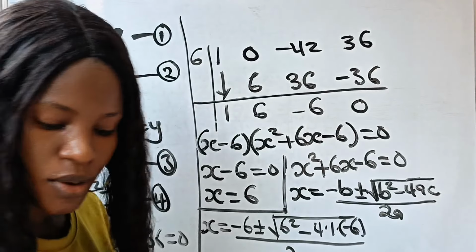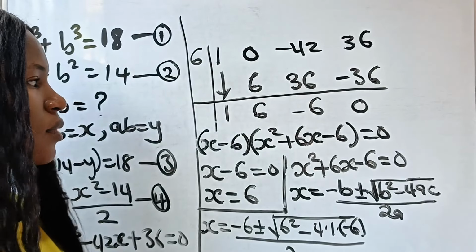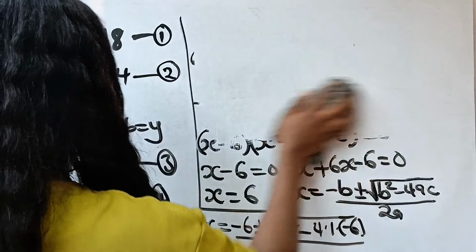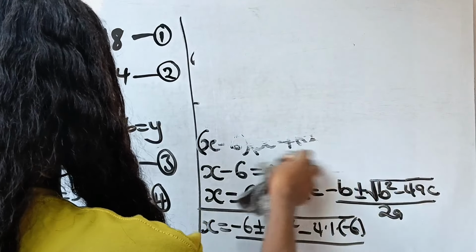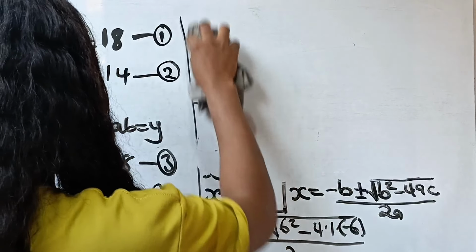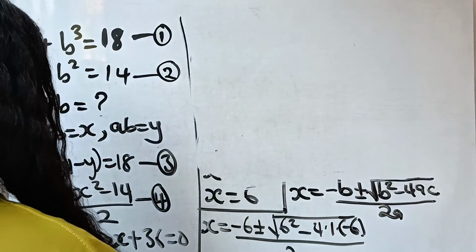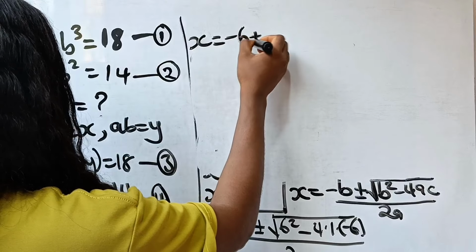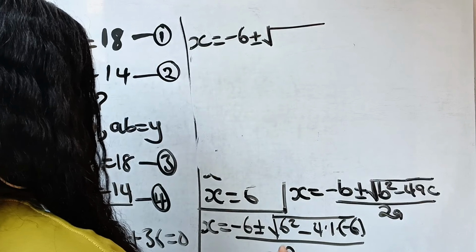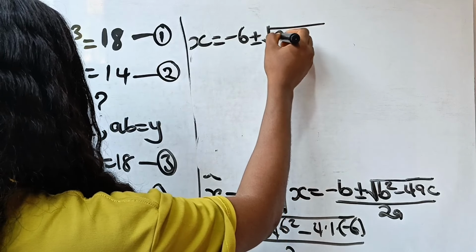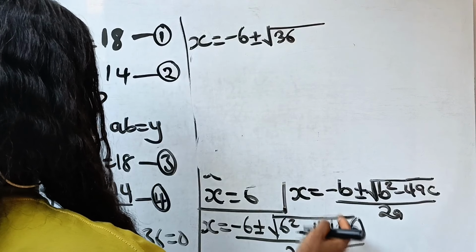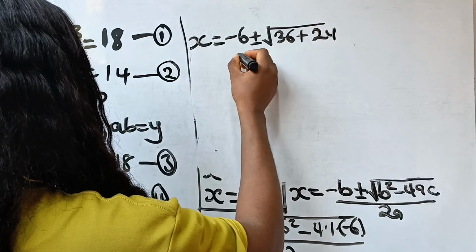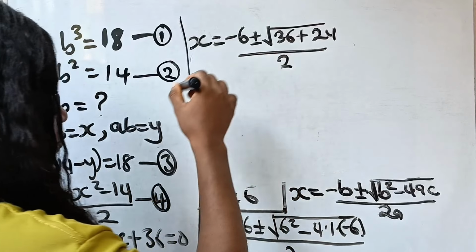If we continue, then we are going to have that x is equal to minus 6 plus or minus the square root of 6 squared, which is 36, minus minus, which is plus, 4 times 6, which is 24, divided by 2.